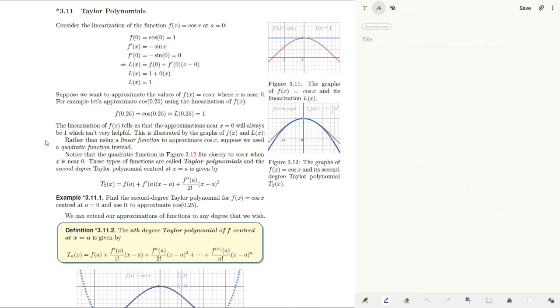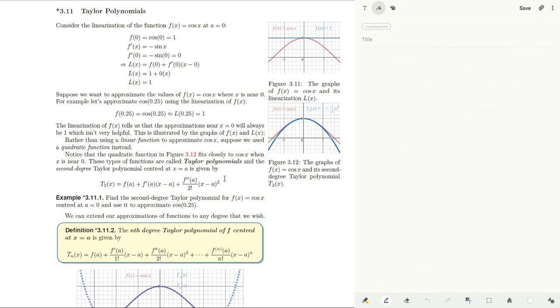And so this quadratic function is called the second degree Taylor polynomial, centered at x equals a, and is given by this formula here. So the second degree is f of a plus f prime of a times x minus a, plus the second derivative of a over 2 factorial times x minus a squared.